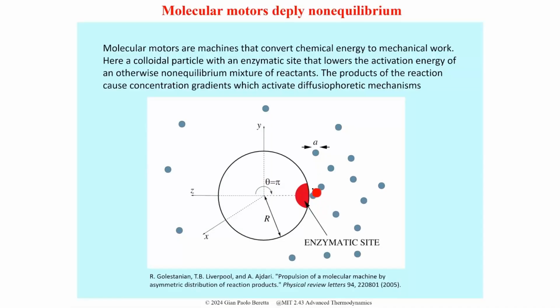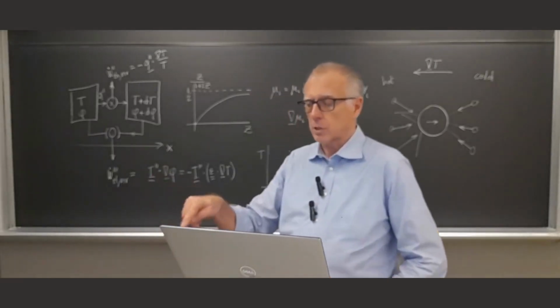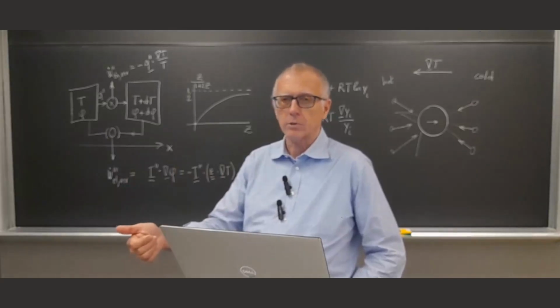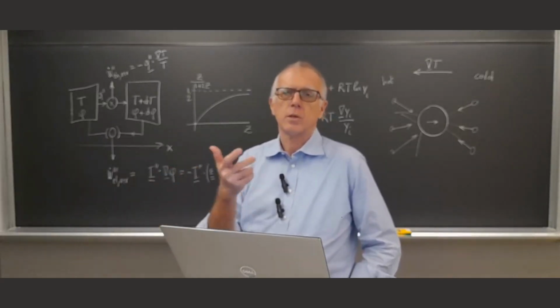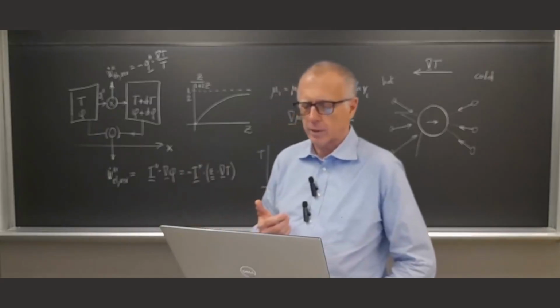So it promotes chemical reactions on this side of the particle. Of course, the chemical reactions change the composition. The change in composition creates a gradient in concentration, and that's how you get flux of particles.